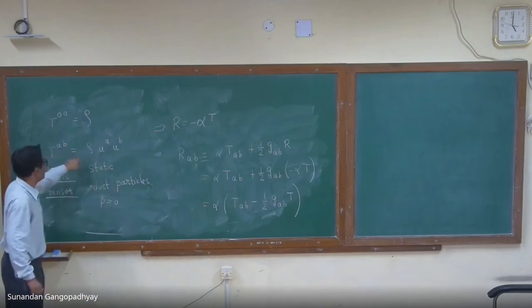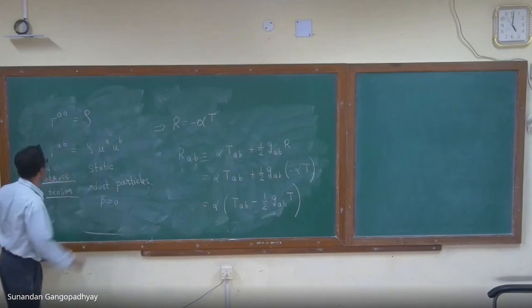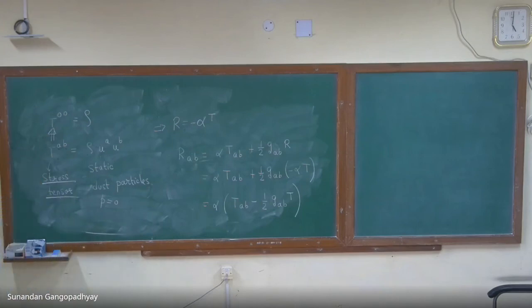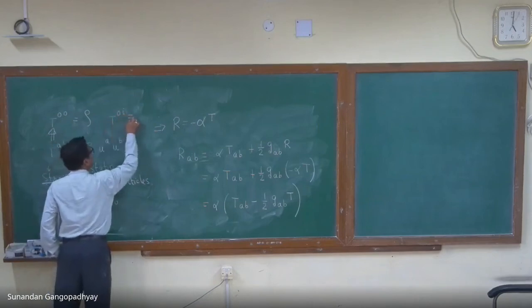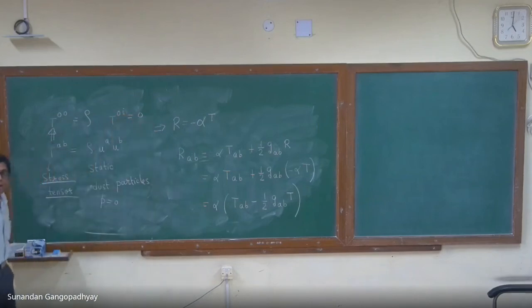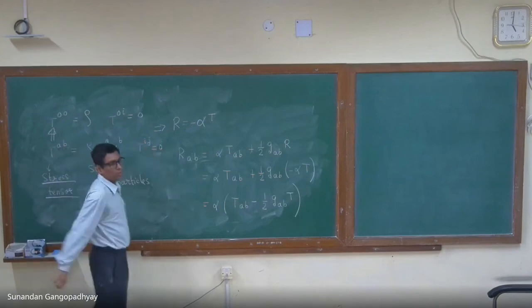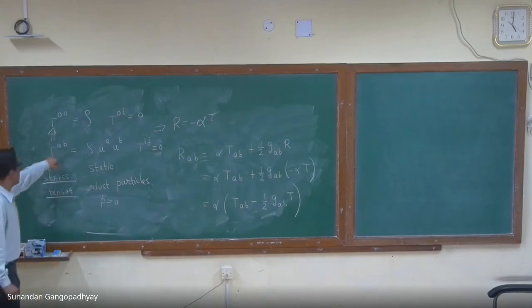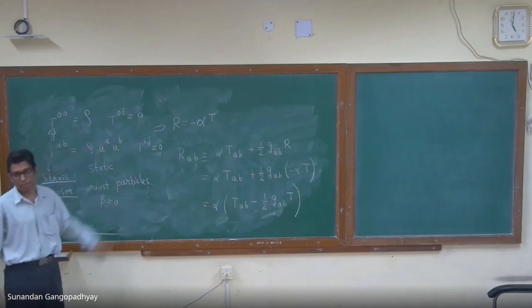So T_00 is rho U_0 U_0, U_0 is 1, so you get T_00 equal to rho. And what is T_0i? T_0i is 0, because U_i is 0. And obviously T_ij is also equal to 0. i and j are the spatial indices. Therefore, you can set A to be 0, B to be i: this is rho U_0 U_i, but U_i is 0. So these are 0.